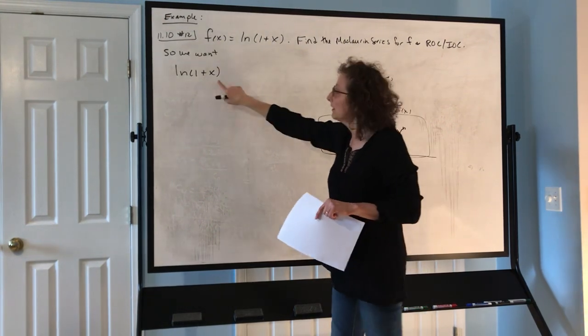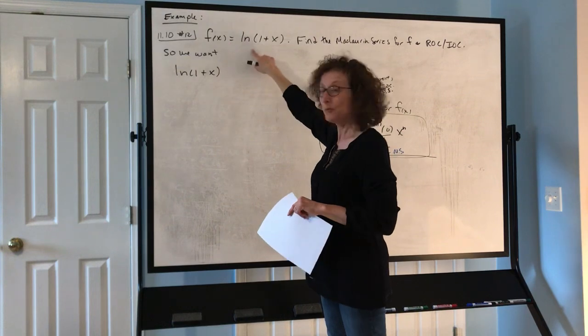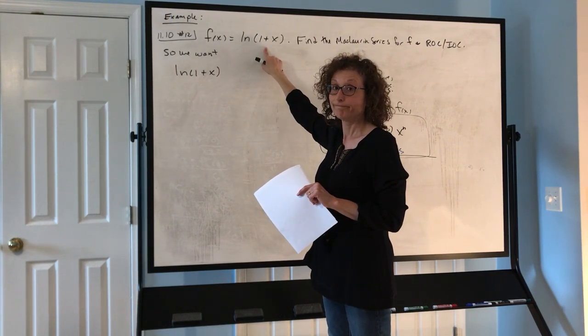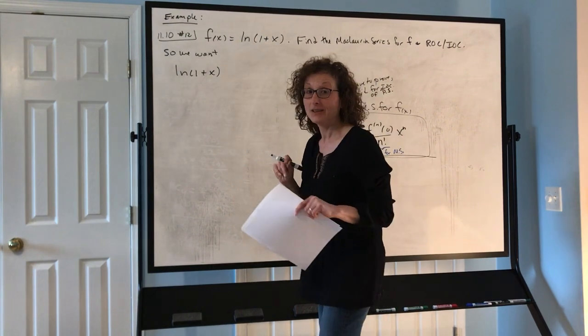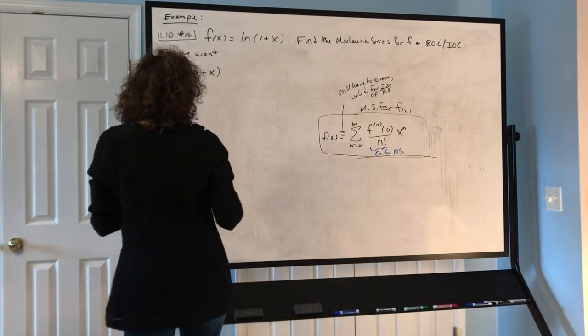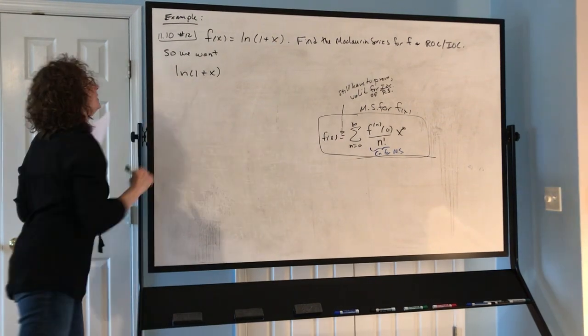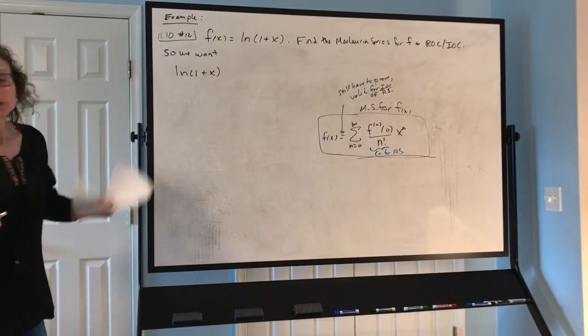Would that work? Think about it. Does natural log exist at 0? No way. So that's why you get natural log of 1 plus x for a Maclaurin series.